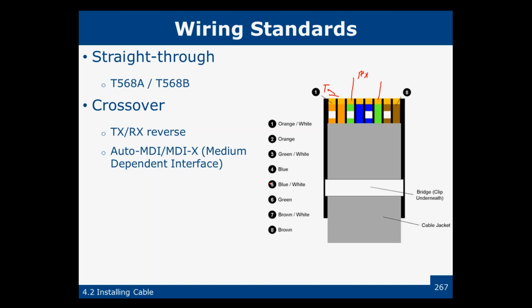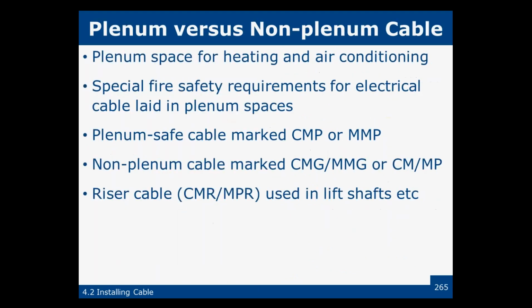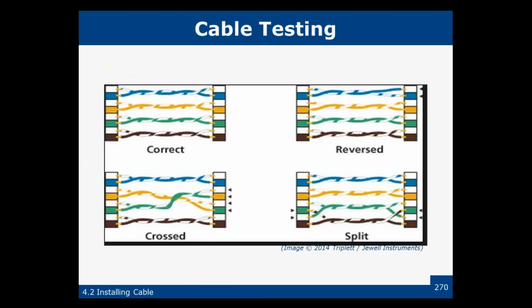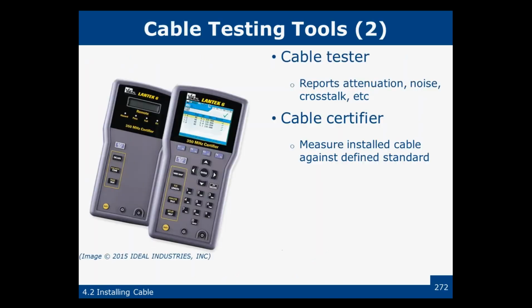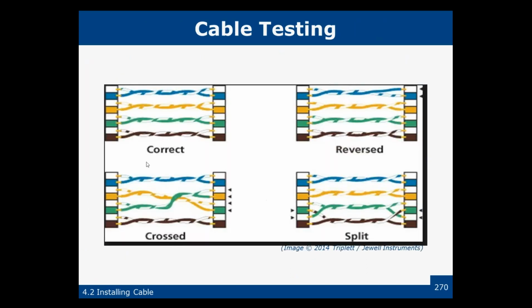What cabling faults would a wire map tester detect? Something I left off their list. Opens, shorts, reverse, split, and cross, transpositions, all those things. Reversed and cross pairs, so we have those here.